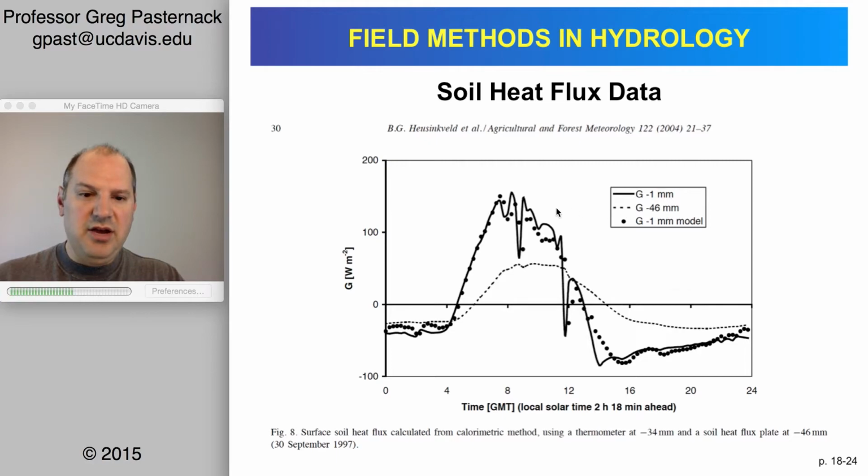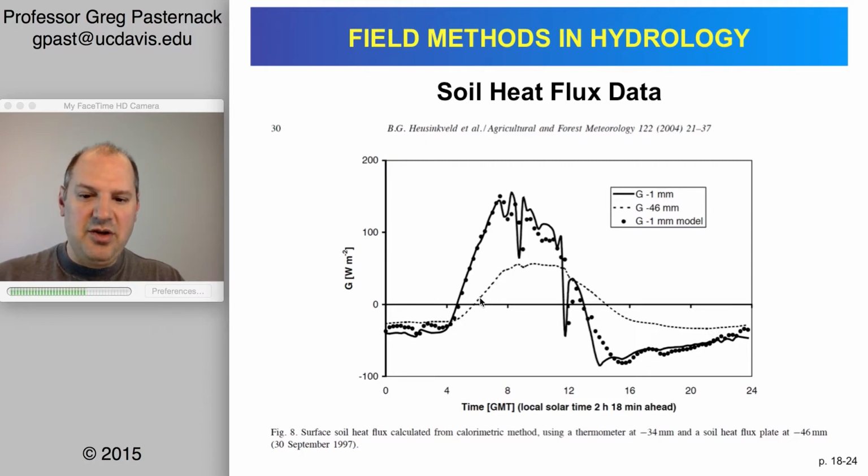Here's some examples to illustrate this. The dashed line is the observed heat flux at a plate at 4.6 centimeters underground. And you can see it's fairly smoothed out. In the middle of the day, we're having a positive flux, and later in the day, that's a negative flux.